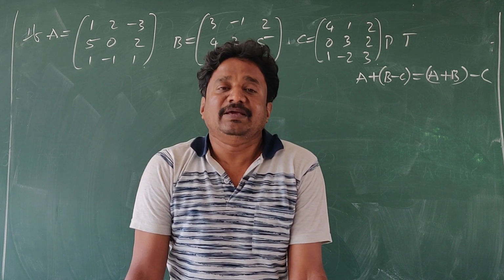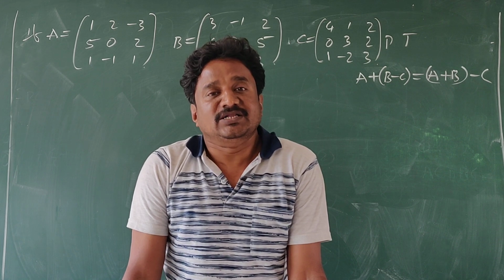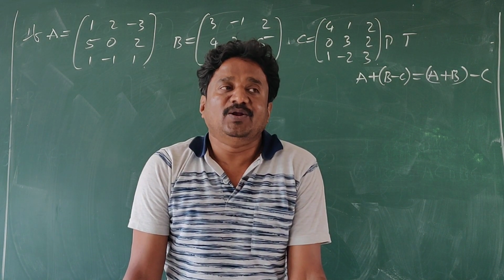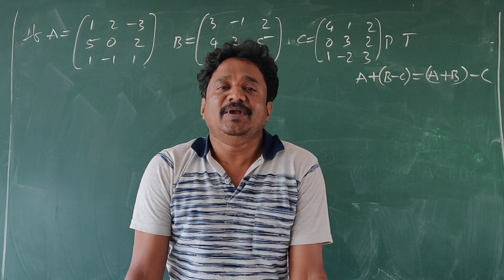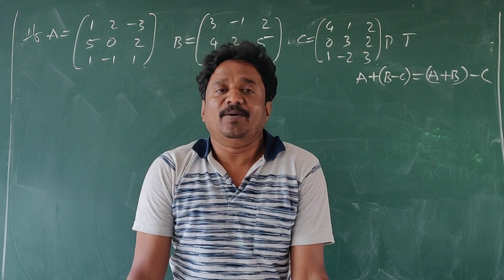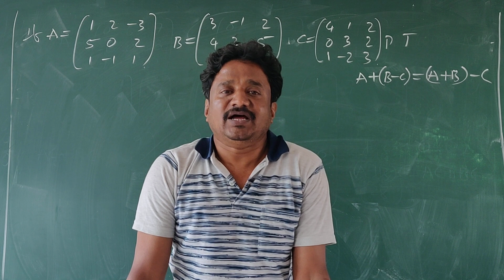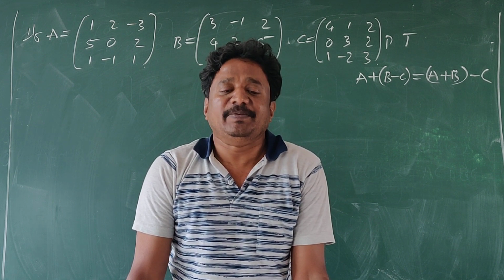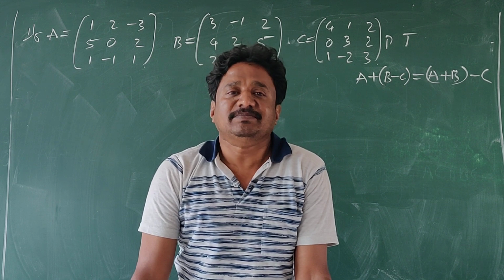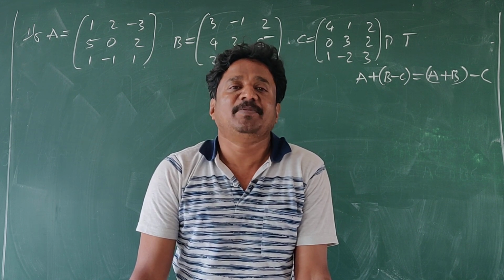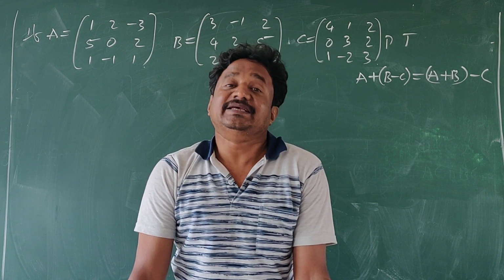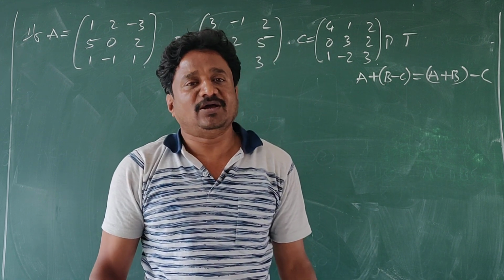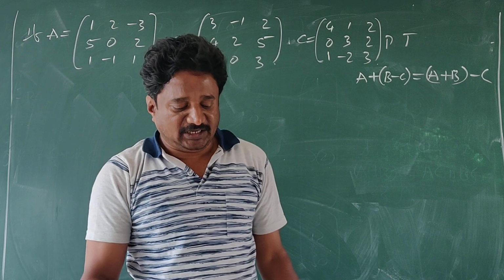Matrix multiplication is also associative. The only rule that does not hold is the commutative law. Matrix multiplication is not commutative, but it is associative.